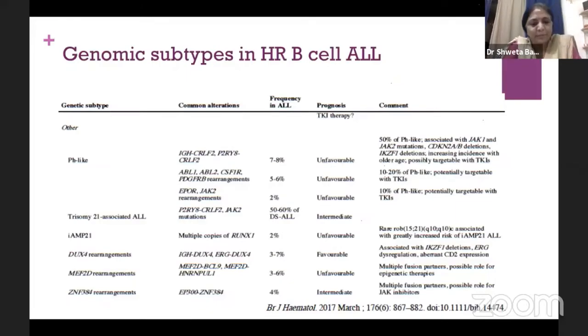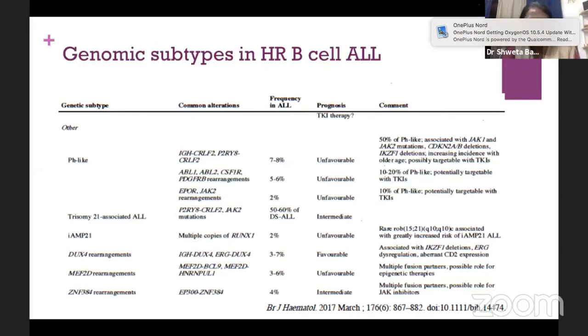So coming to Ph-positive or Ph-like ALL, we know that these patients have multiple common alterations like IGH-CRLF2, then PDGFR beta rearrangement, which was seen in our patients. Then they can have ABL-class and JAK2 rearrangements. Depending upon that, various targeted therapies can be used.